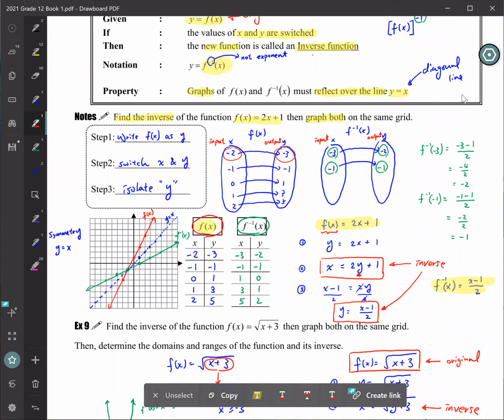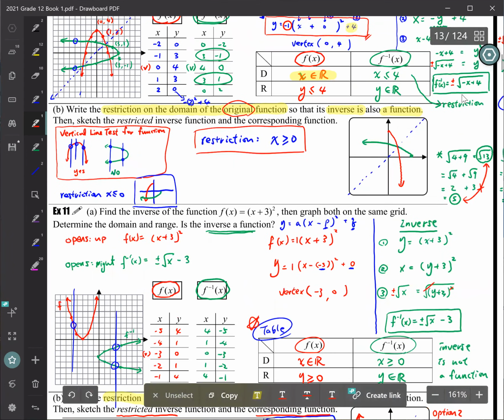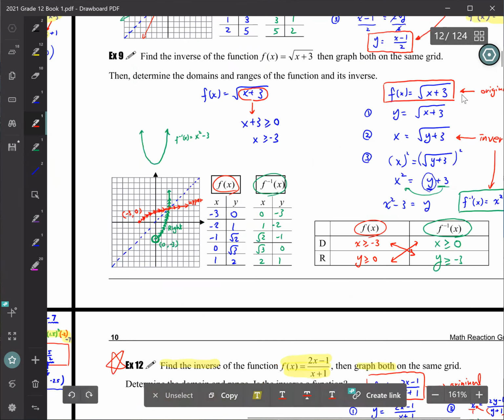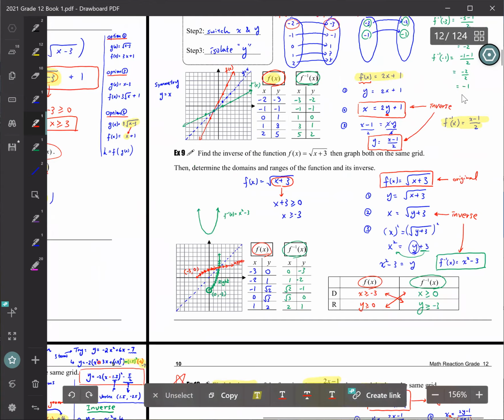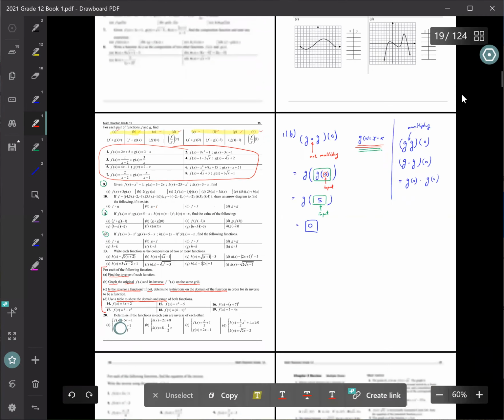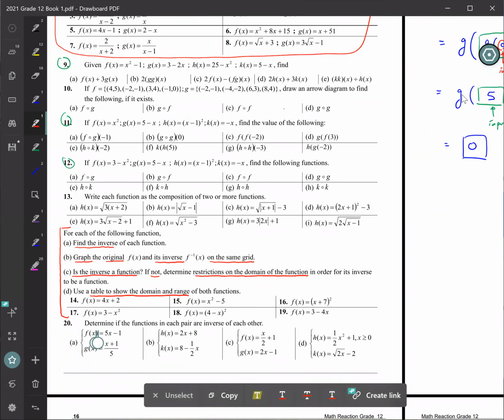And if it's a parabola, the inverse will not be a parabola, it will have a square root. If it's a square root, then the inverse will be half of the parabola. We have 3 kinds of inverse. So you'll do those questions, A, B, C, D for these 6 questions, 6 different graphs.